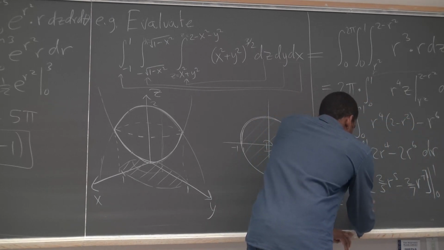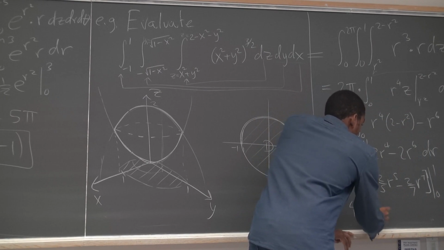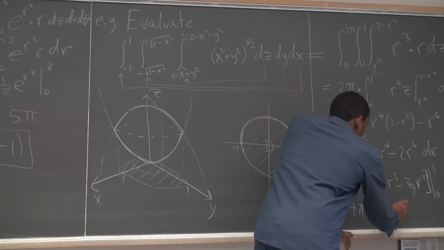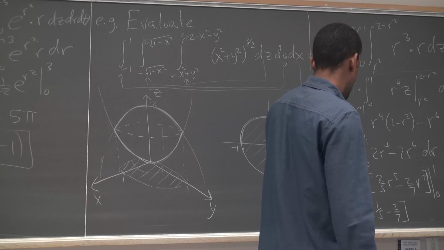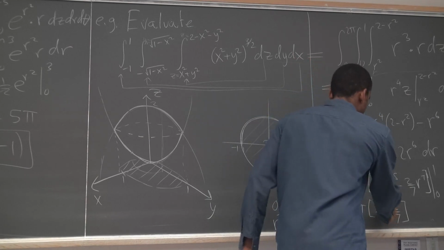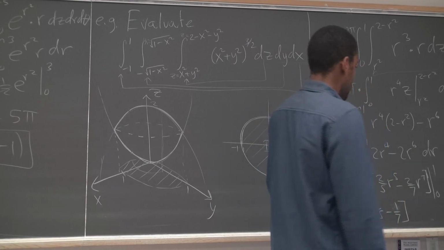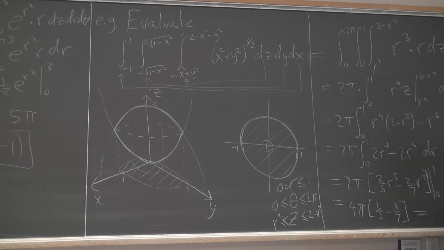So this is 4 pi times 1/5 minus 2/7. Minus, you took out the 2, so it's 1/7. Which is going to be what? 4 pi times 8 pi over 35. So it's 2 over 35.